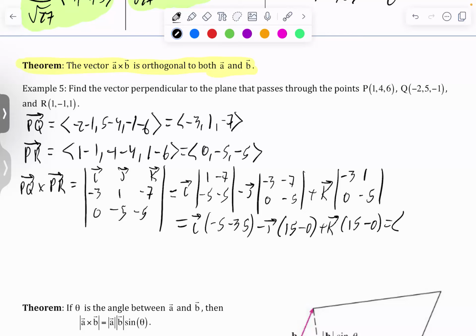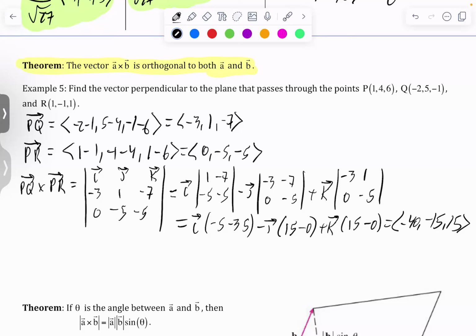So we end up with the vector -40, -15, 15. So this is an orthogonal vector to both of these vectors that are in the plane that contain the points P, Q, and R.